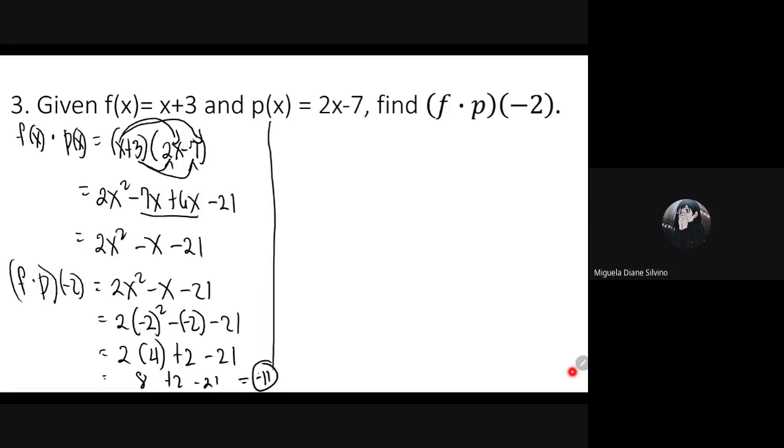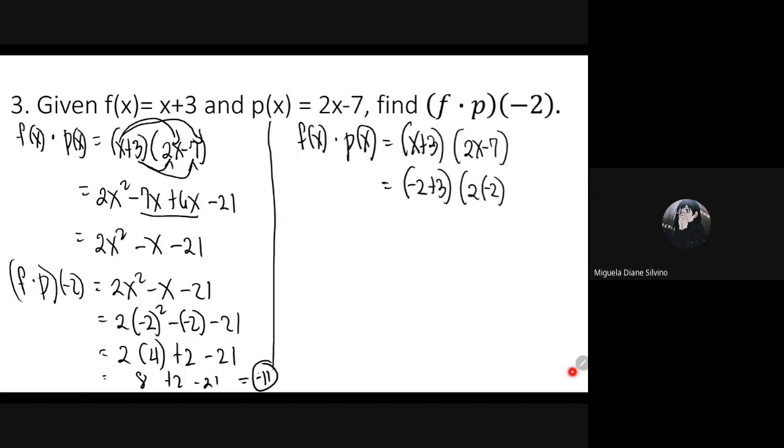The other way of solving this is, dito pa lang sa taas, mag-evaluate ka na. I think this one is easier. So x plus 3 multiplied by 2x minus 7. Palitan mo na agad yung x mo ng negative 2. This is 2 times negative 2 minus 7.